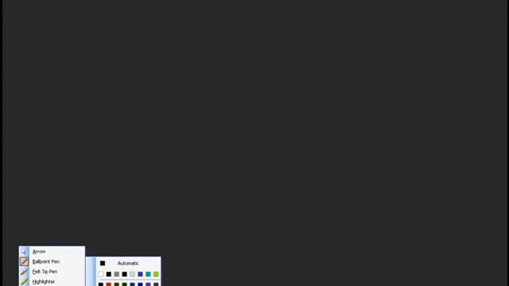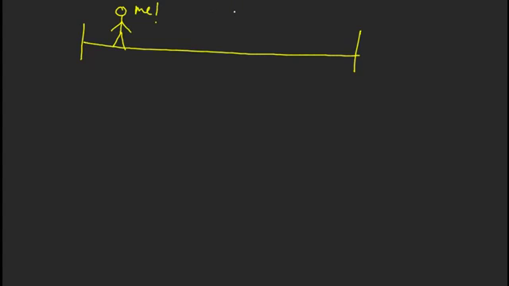Next concept we are going to talk about is the concept of relative speed. Say this is a straight path and I am chasing you, so this is me and this is you.